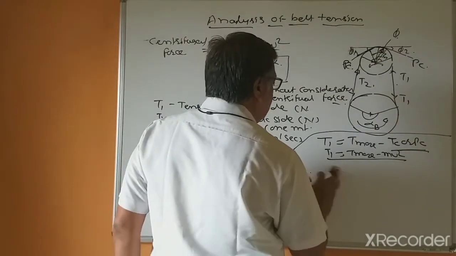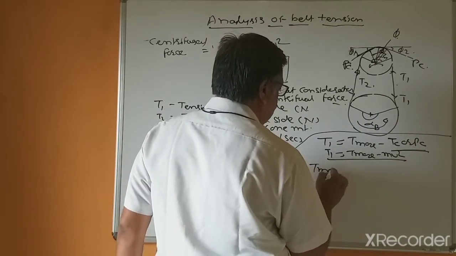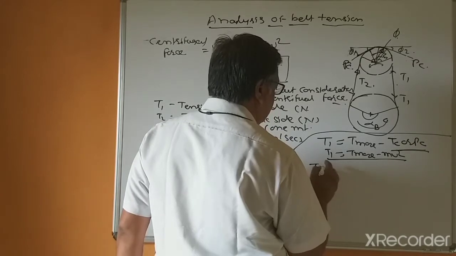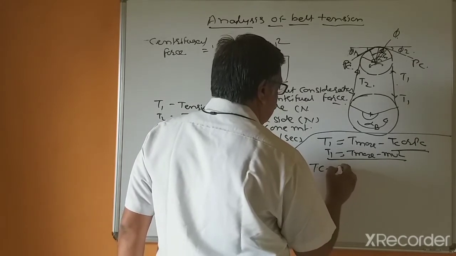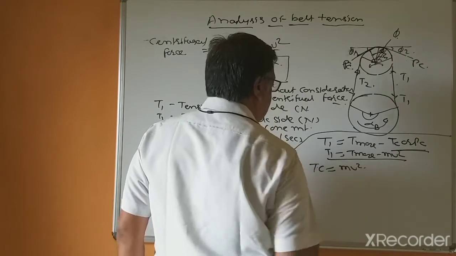Now Tmax equals, or Tc equals, mv squared.